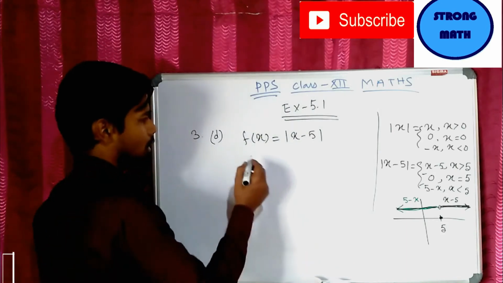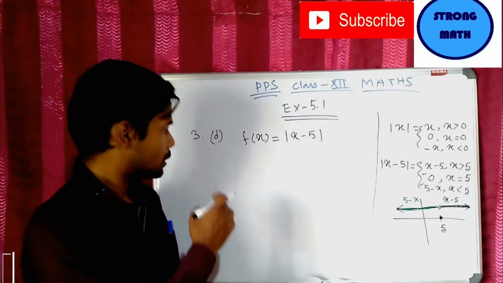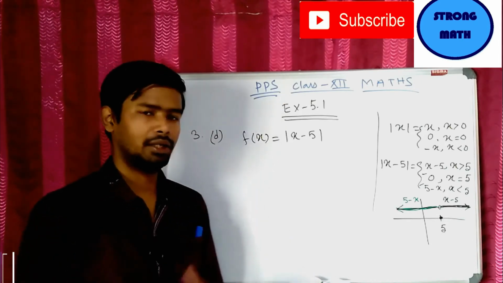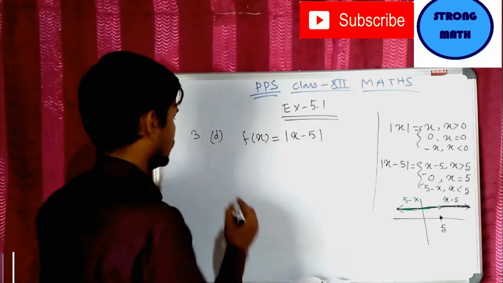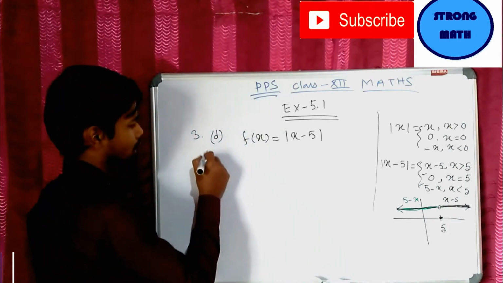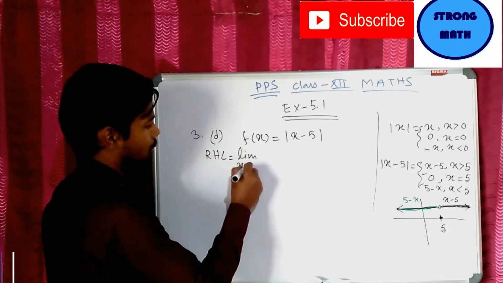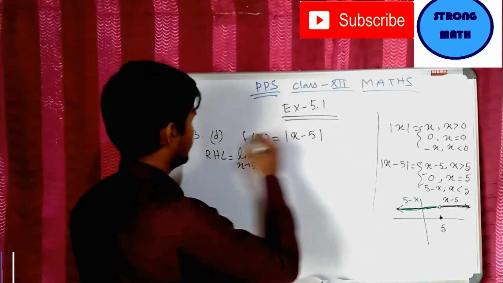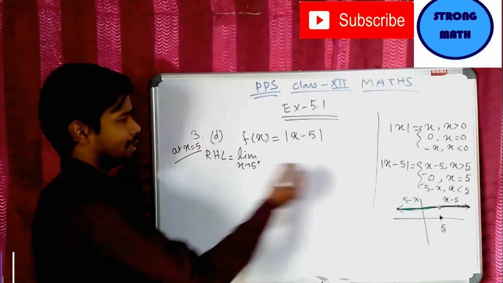How? In this case we need to show this function to be a continuous function by using the left hand limit and right hand limit concept. So at first find the right hand limit. Limit x tends to 5 plus, we are checking at x equals 5.